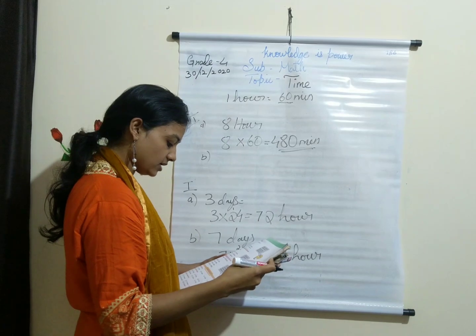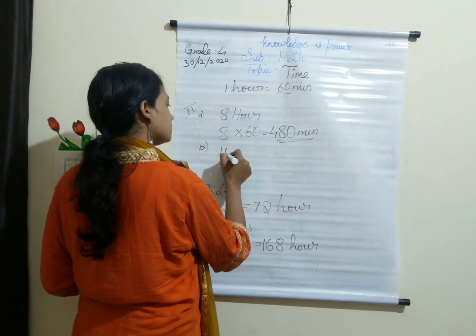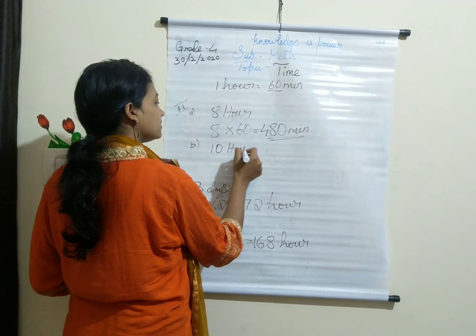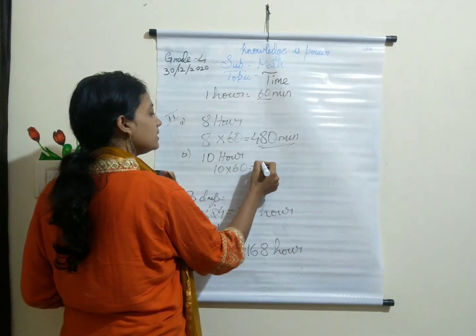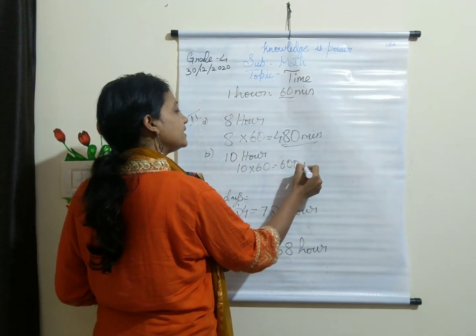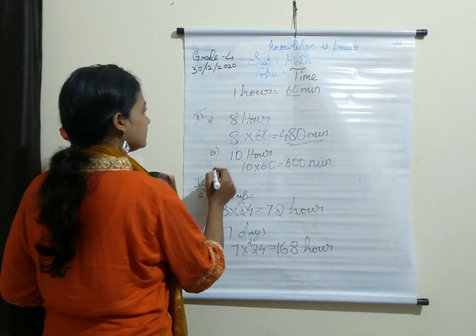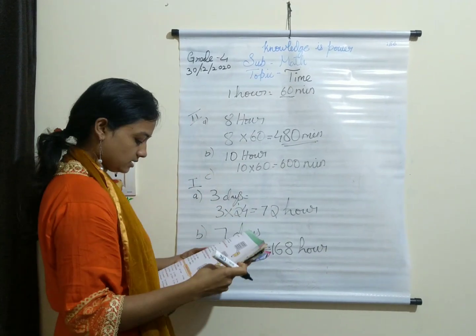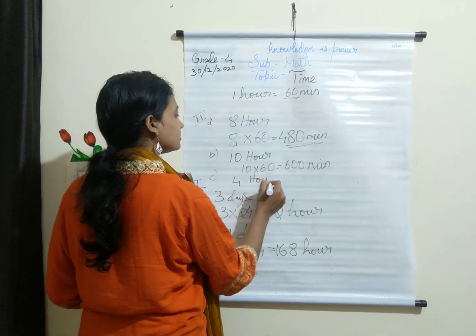Similarly, second one, it is 10 hours. So 10 into 60, it will be 600 minutes. C1, 4 hours.